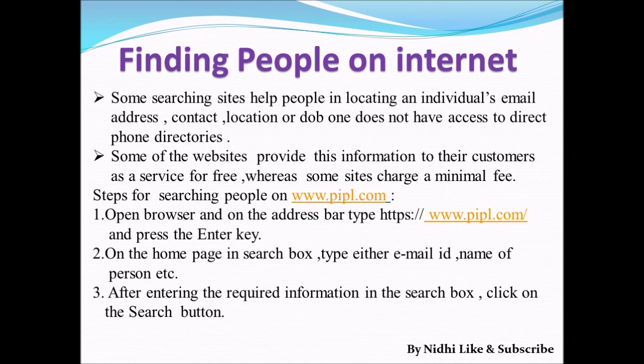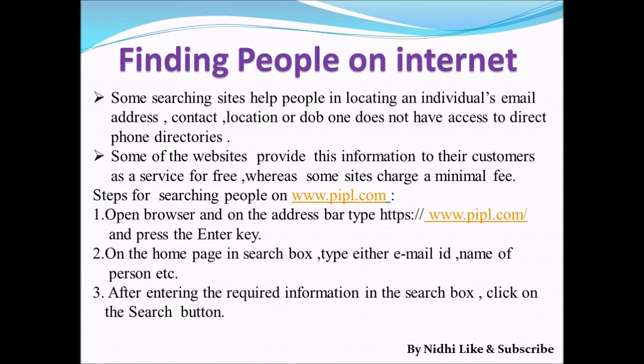So searching people on www.people.com is given here. You have to first open the browser and then type in the address bar, in the URL, the website people.com, and after that press the enter key, and on the home page just type the email ID or name of that person. Then the information related to that particular person will be shown to you on the search button.